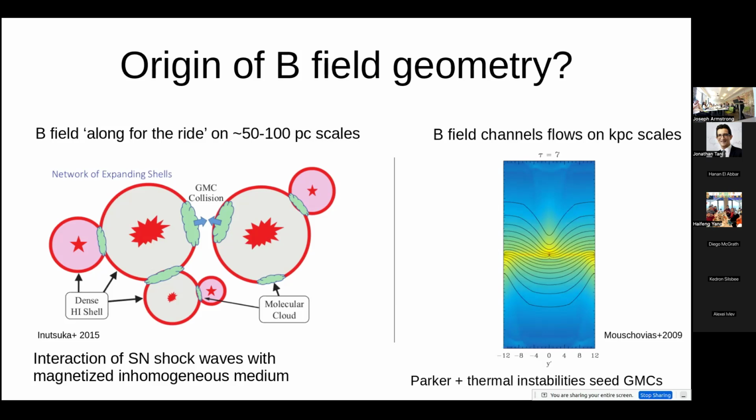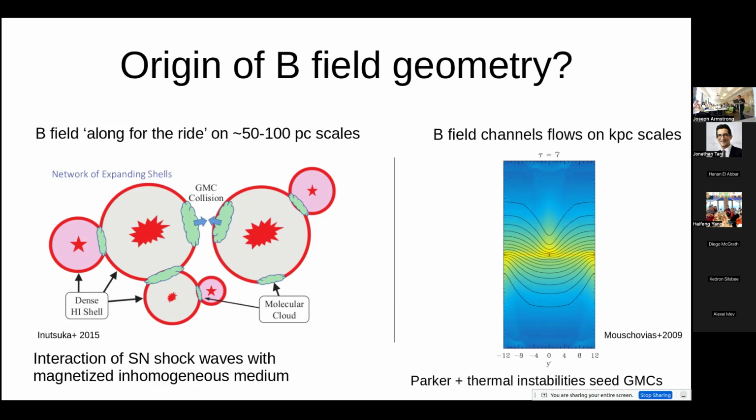On the other hand, if you have a larger scale magnetic field that's subject to instabilities in the disk, for example, the Parker instability, you expect the flow of gas to be determined by the orientation of the field. And there are predictions for a larger coherent field that has some oscillatory patterns. So the hope is to discriminate between these different kinds of theories for the Radcliffe wave and similar structures in the future.